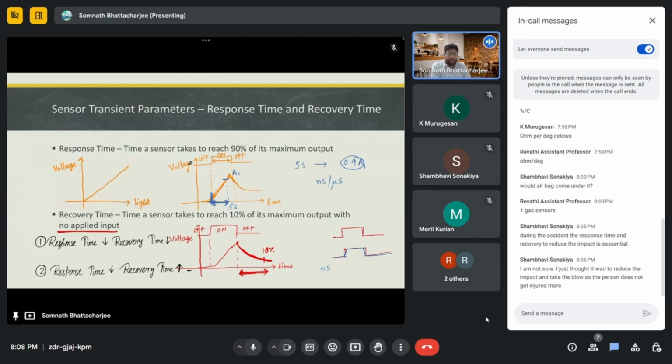So what will happen? It is the recovery of the sensor, not recovery of your car or your airbags or something. It is the recovery of your sensor, the specific sensor which is working in this kind of case.